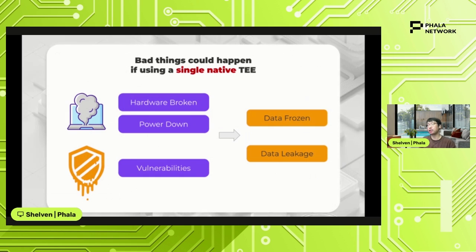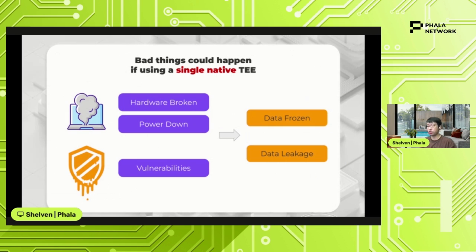But the problem here is that the TEE itself doesn't provide a service availability promise. This means, for example, the TEE hardware itself can be broken, and also you cannot prevent operators from unplugging your hardware. If such things happen, then your service will go down. And since your program is running inside the TEE, sometimes something worse can happen, because the TEE provides secret keys to seal your data, to store and encrypt your data to the disk.